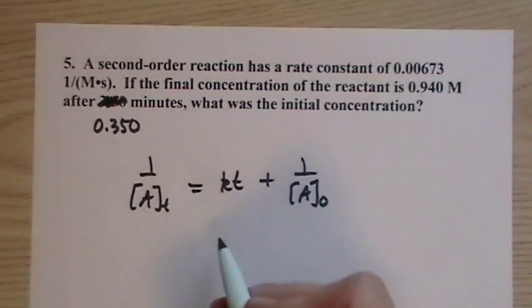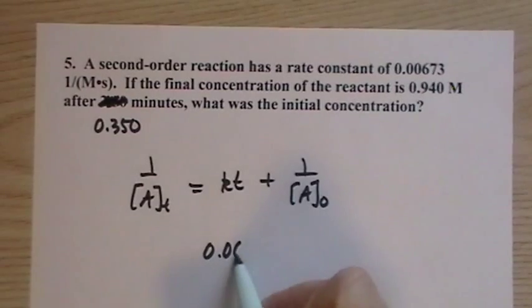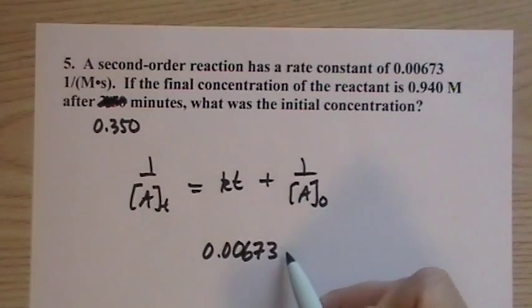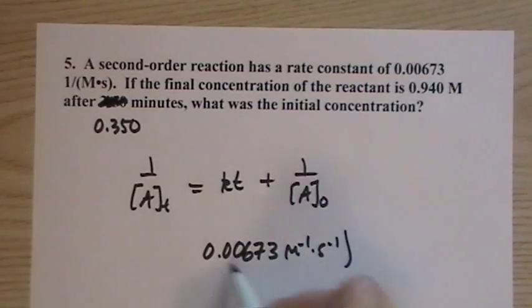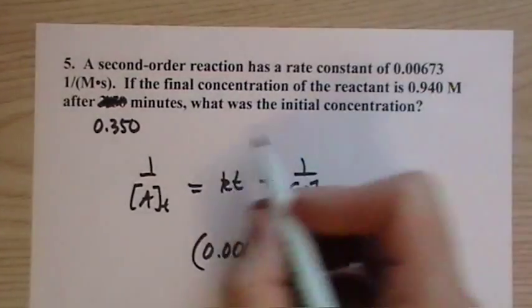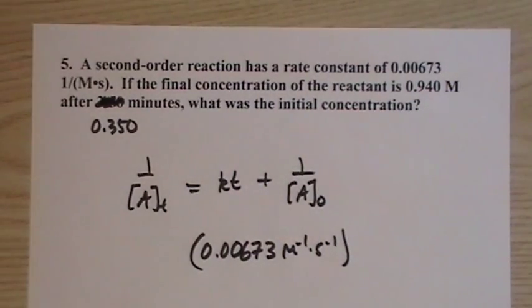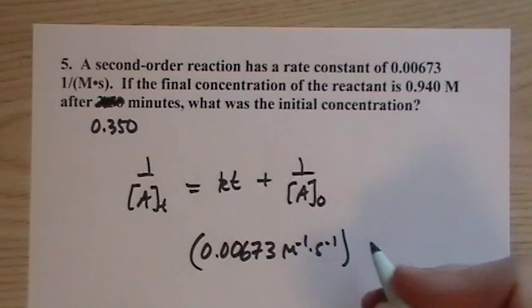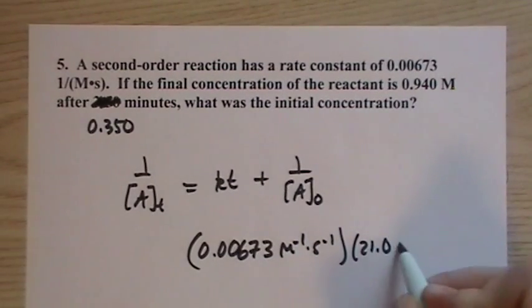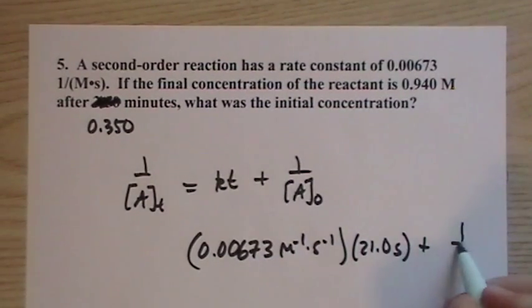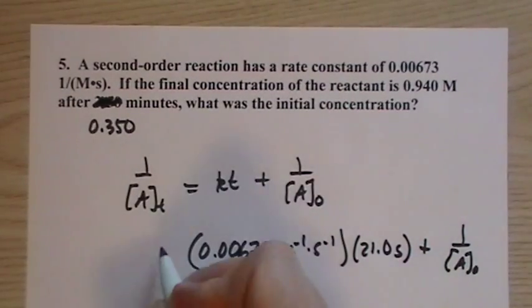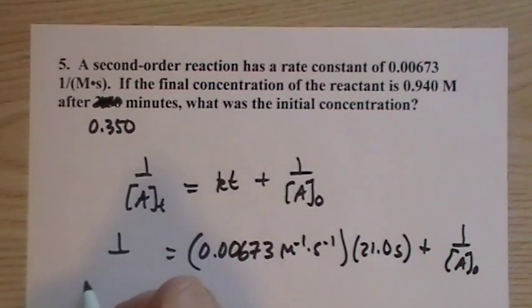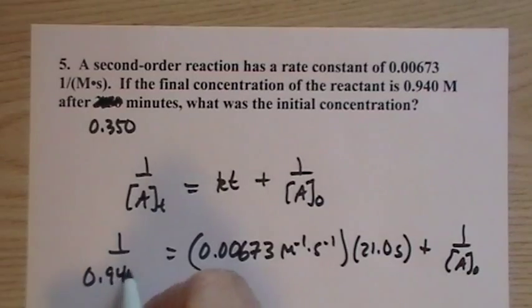Okay, so we have k. They give us that. 0.35 minutes is 21 seconds. The initial concentration we don't know. The final concentration, they tell us, is 0.940 molar.